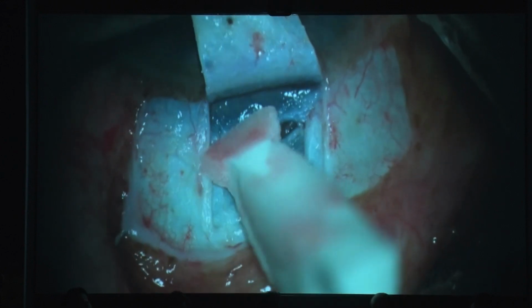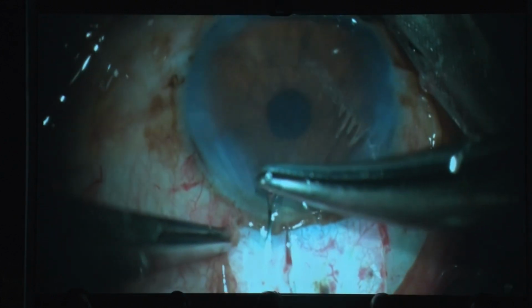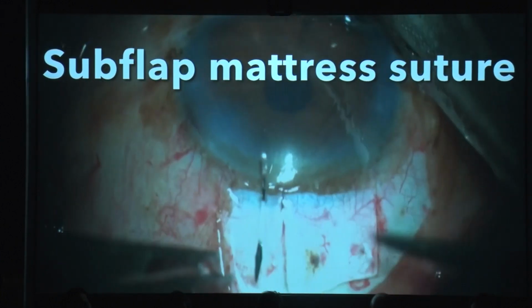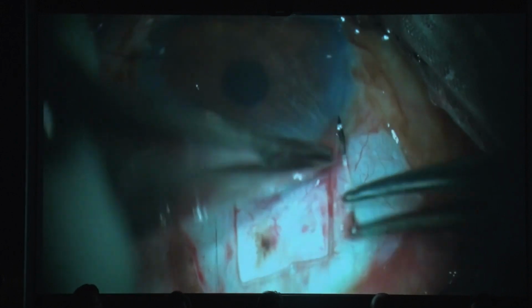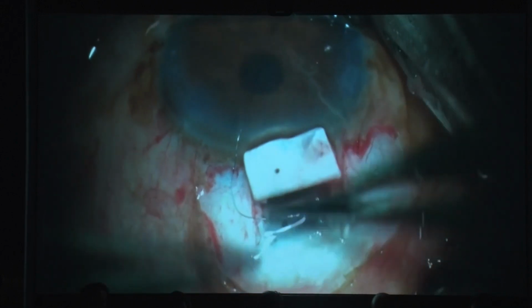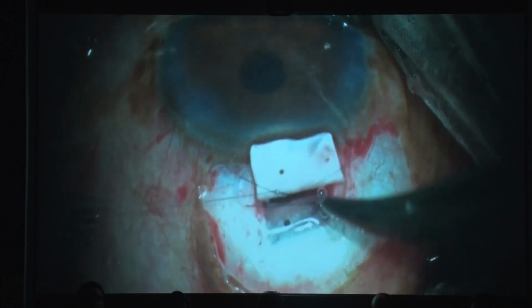After that, a 10-0 nylon suture, a metal suture that extends 2 mm beyond the superficial scleral flap, was secured under the flap. The suture is non-absorbable and widely available.